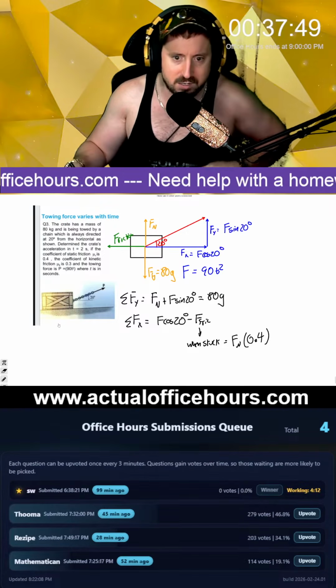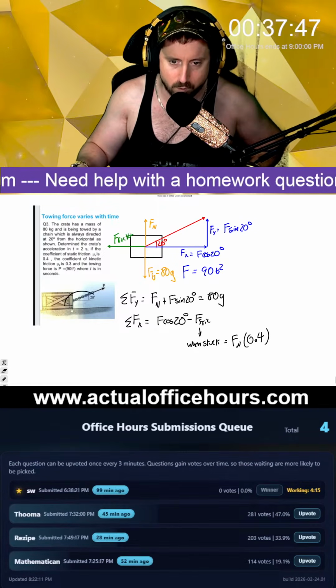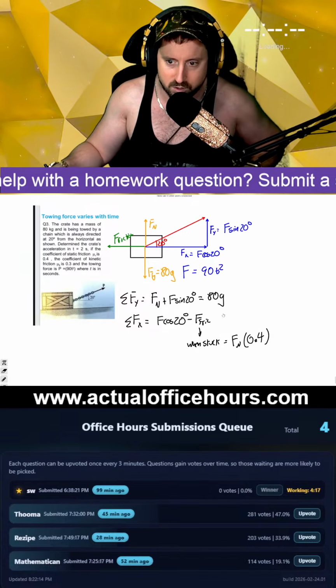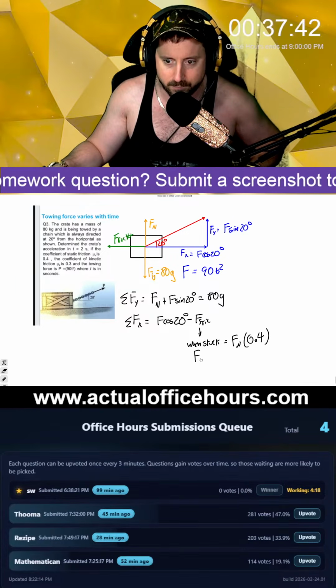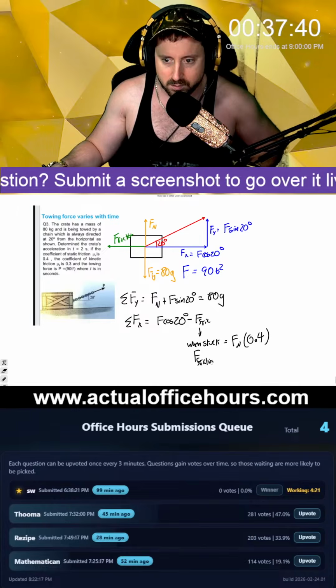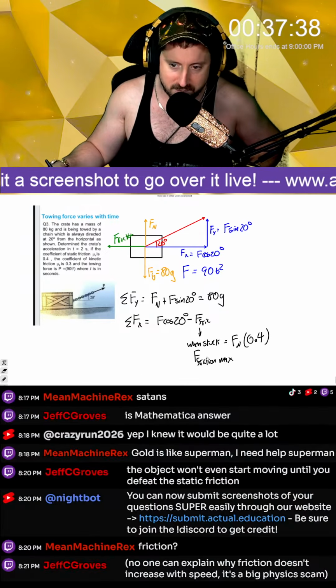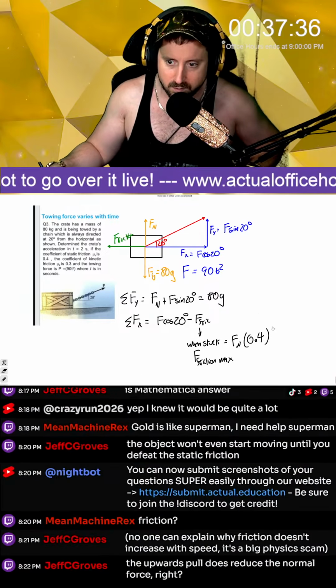This thing doesn't start moving until you have enough force pulling it to beat out what is called friction max. I call it Fs max, and that's equal to that.